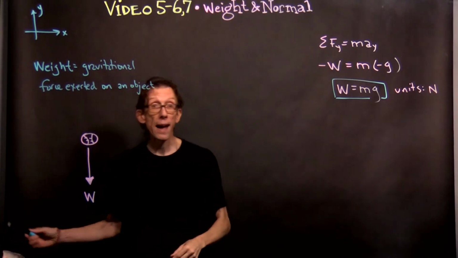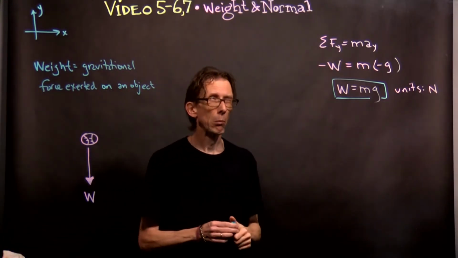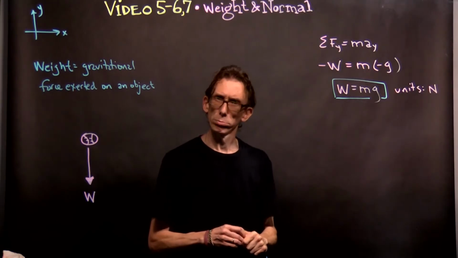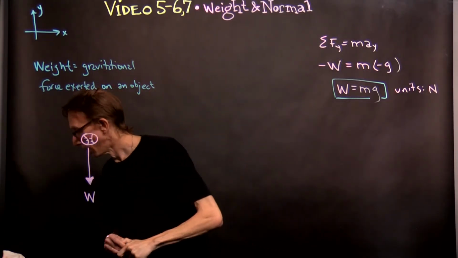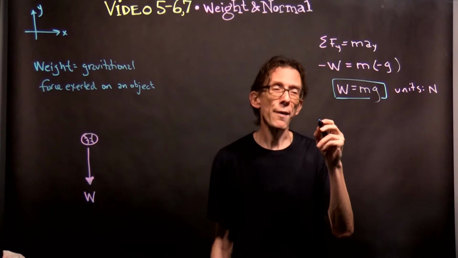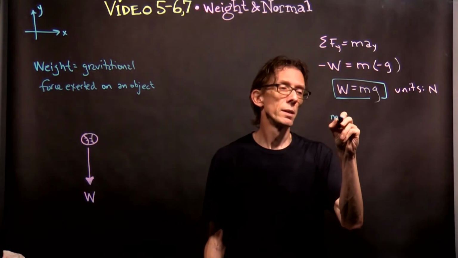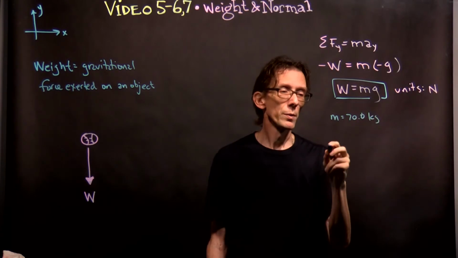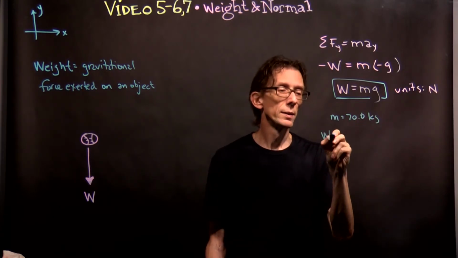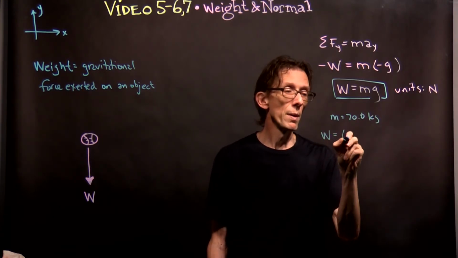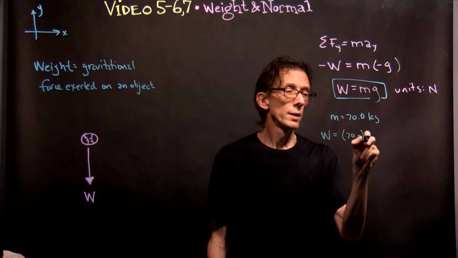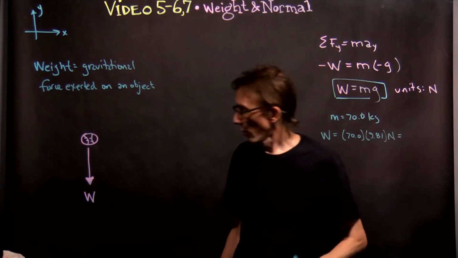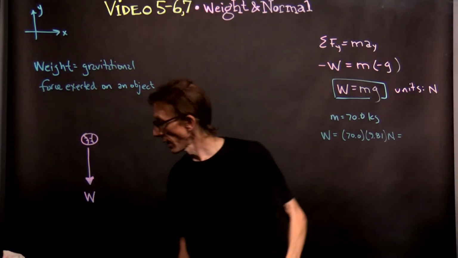So if I have a mass of 70 kilograms, which is actually quite high, I think, for me. But let's say I have a mass of 70.0 kilograms. That means my weight is going to be my mass times 9.81 meters per second squared, which comes out to be 687 newtons.